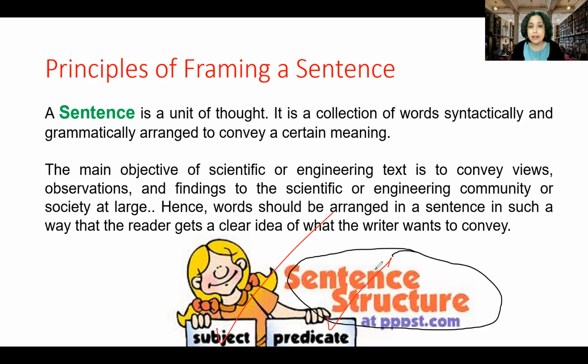For every sentence, in order to complete the sentence, we need a real one with the subject and the predicate. So in terms of the definition, the meaning of a sentence, that's a unit of thought. It's a unit.